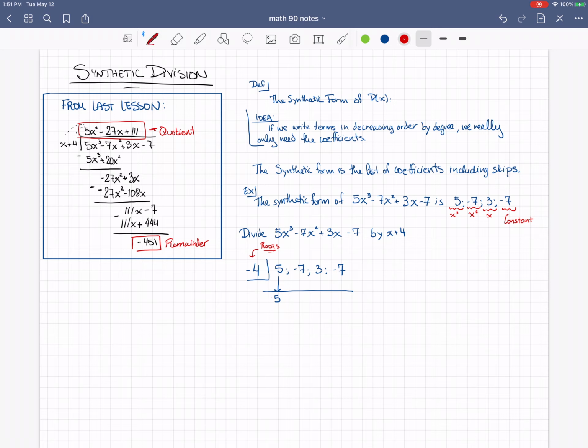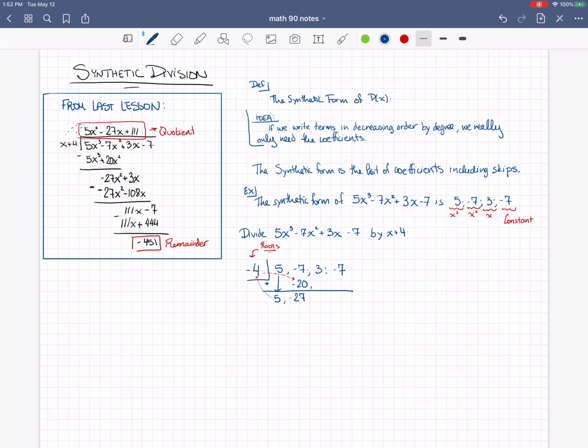I'm not going to do the dotted lines every time, but I'll do it the first time. So I multiply 5 by negative 4. I get negative 20, and then I add. So negative 7 plus negative 20 is negative 27.